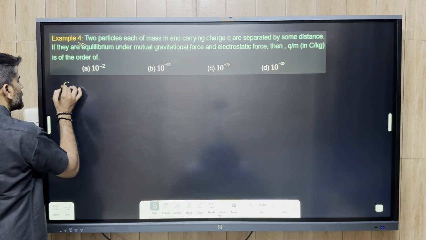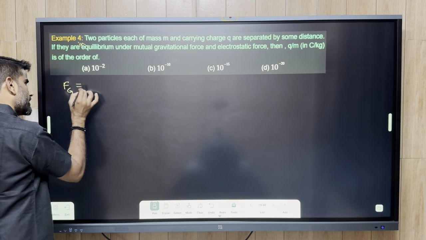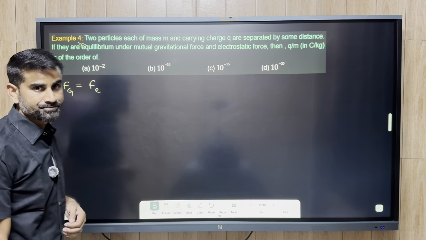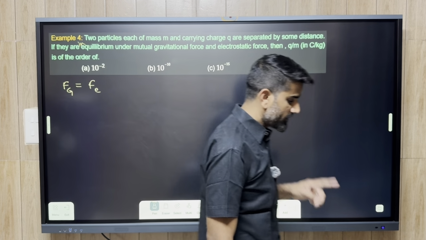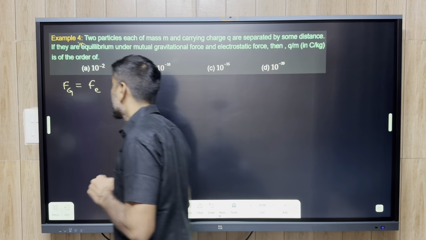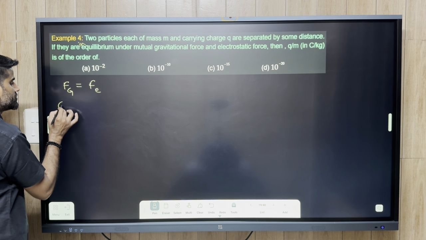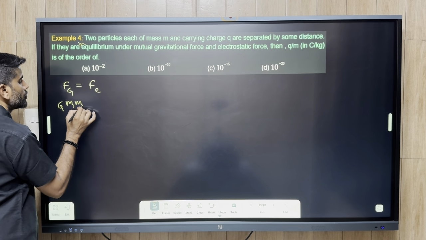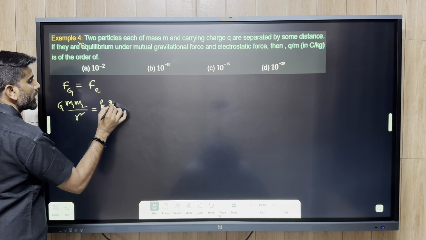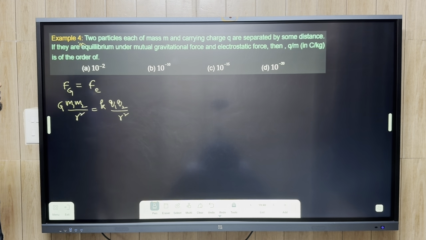Now according to the question, system is in equilibrium means force due to gravity between the two masses is balanced by electric force between the two charges. We know the formula for both of these forces. Gravitational force G m1 m2 by r square, K q1 q2 by r square.